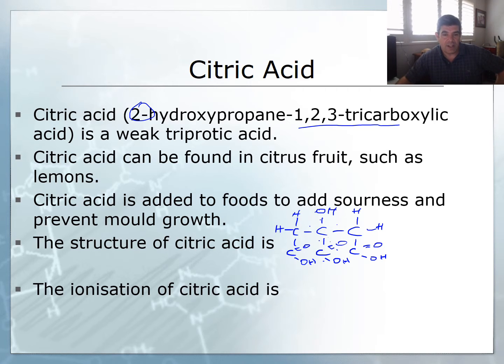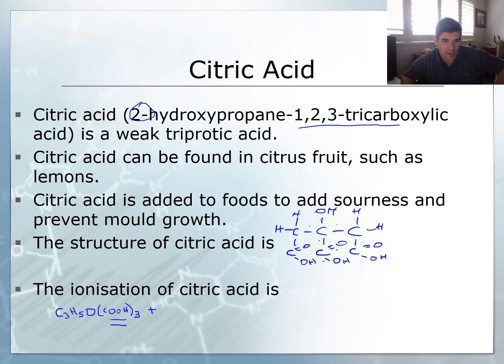Then the ionization of citric acid. If we want to do the ionization of citric acid, this is going to be a real nuisance. So what we want to try and do is to group the bits and pieces together. So we've got C3H5O, and then in brackets will be COOH 3 times. And again, if we separate out the COOH, that's telling us where the acid group is.